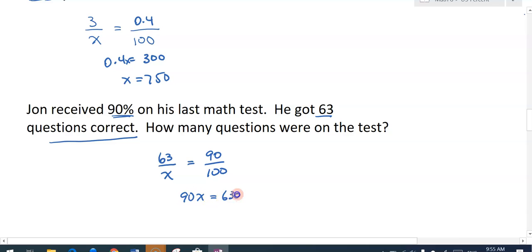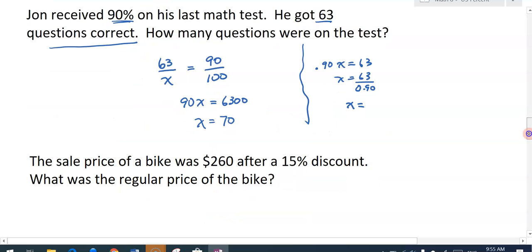I've been doing the cross multiplication one, but at any time you could say, well, I know that 0.90 of something equals 63, therefore x is 63 divided by 0.90. You could always use your algebraic method, but I'm just going to keep using this way. But if you like the algebraic, you can. And so we get that x is, there are 70 questions on the test. He got 63 out of the 70 to get 90%.